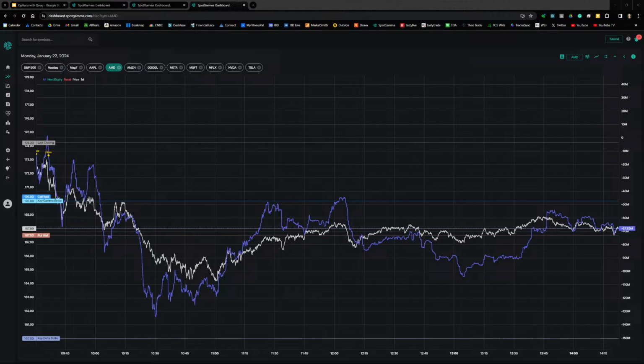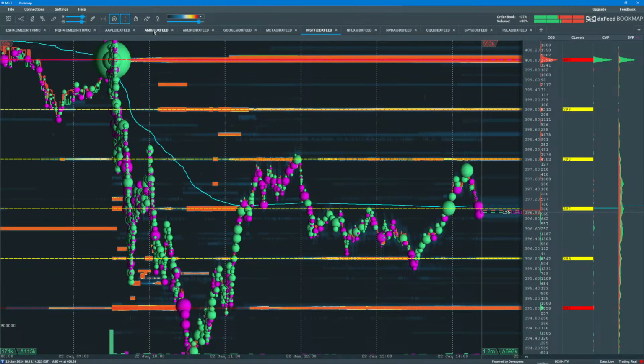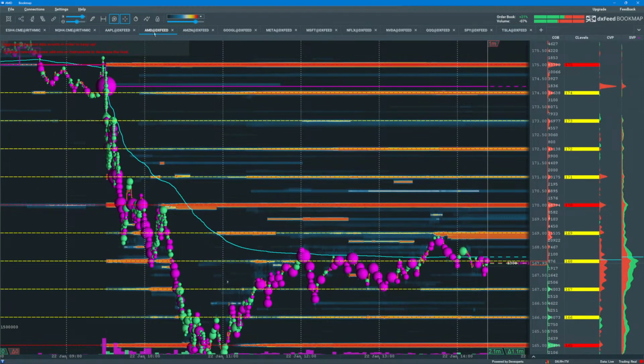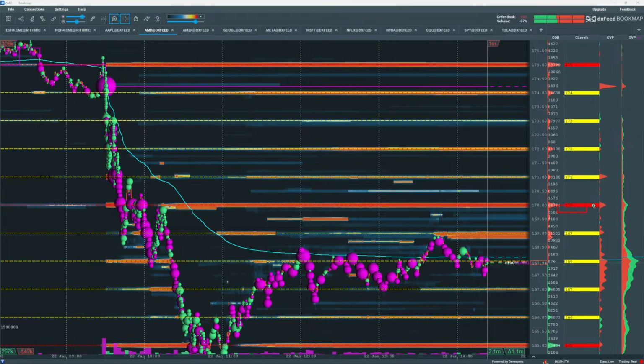Let's go to Bookmap, go to AMD. Sharp move lower in AMD on the downgrade. There's the 170. Note some consolidation at that level.